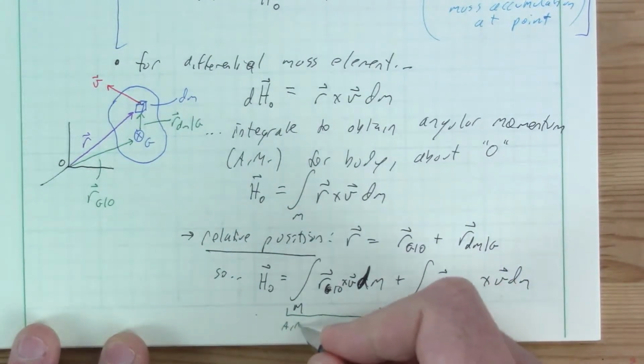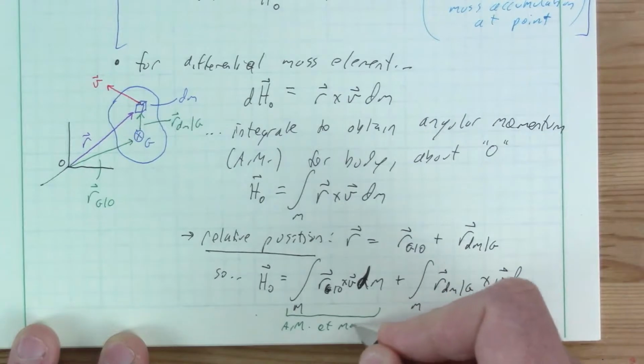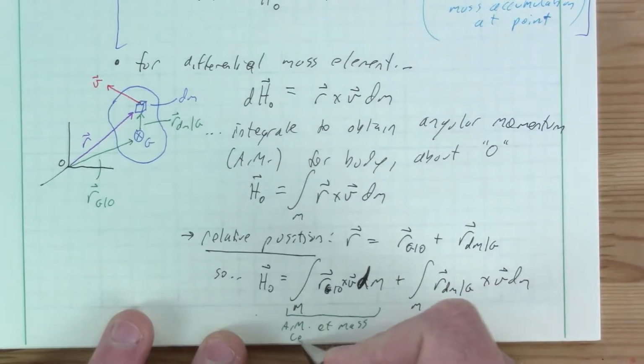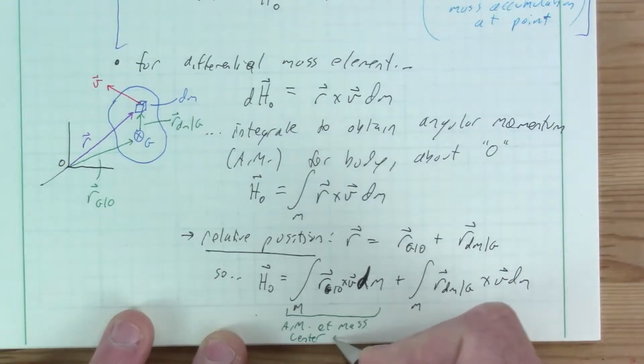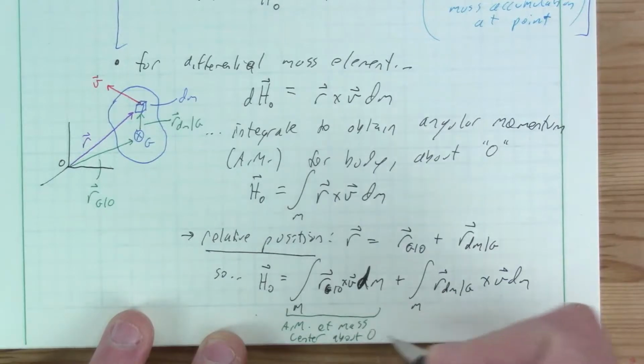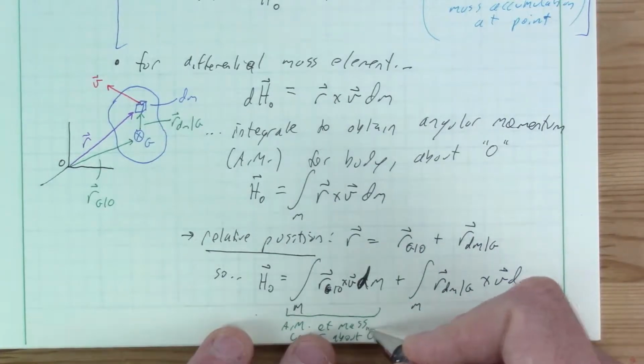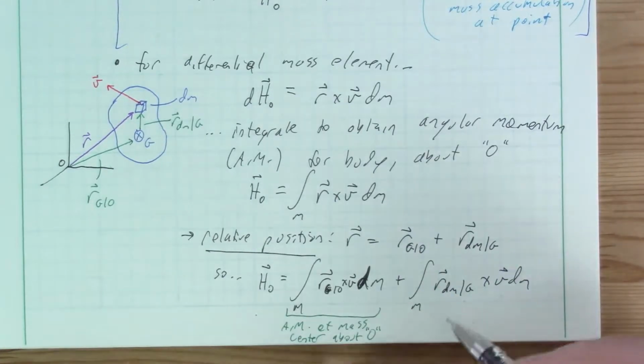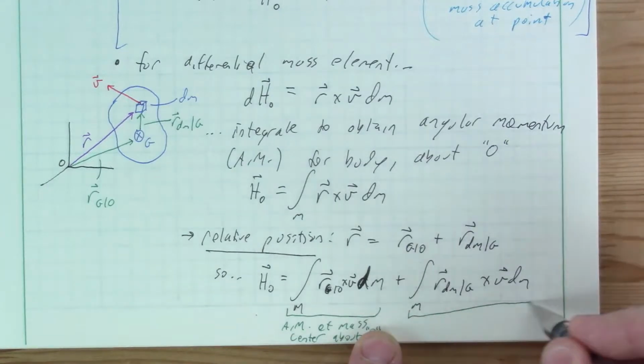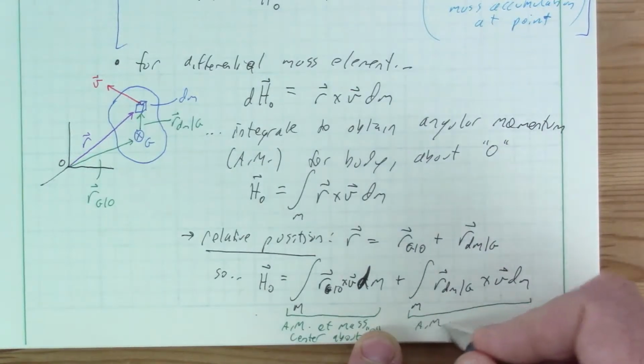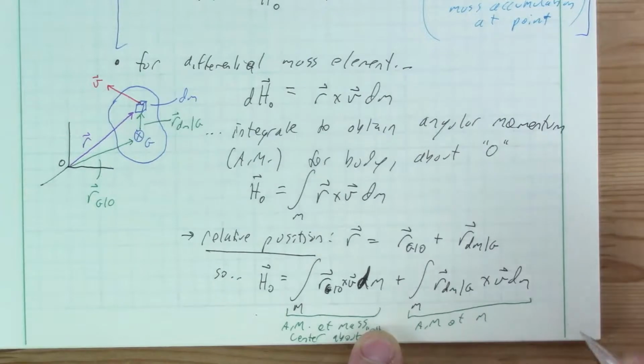This is now the angular momentum of the mass center about O, right? Because the position vector is G. And this is our angular momentum of mass.